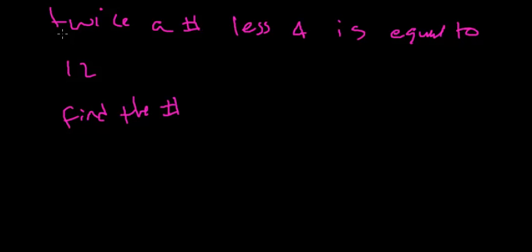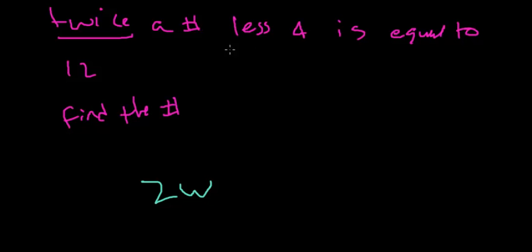Well, anytime we see twice, 3 times, 4 times, anytime we have something times, well, that's exactly what it means. It means it's times it. So we're going to start by saying twice a number. Remember, a number is just a variable, and we'll use w this time just to get you out of always expecting x, because we can have a bunch of different variables.